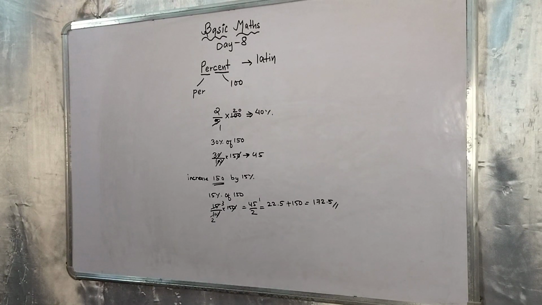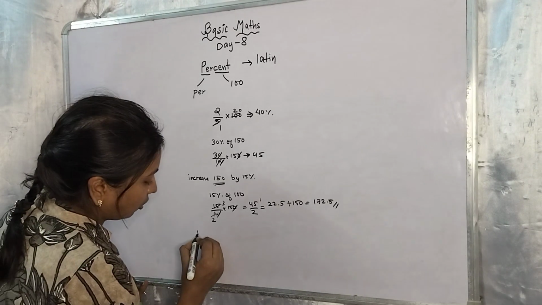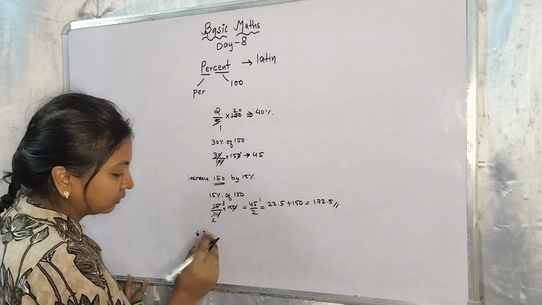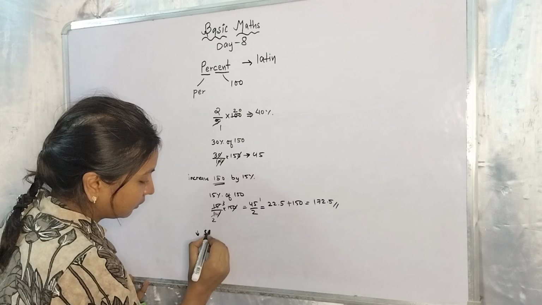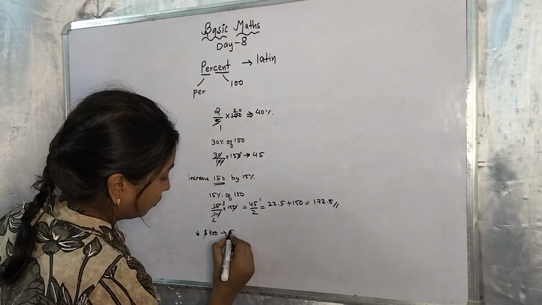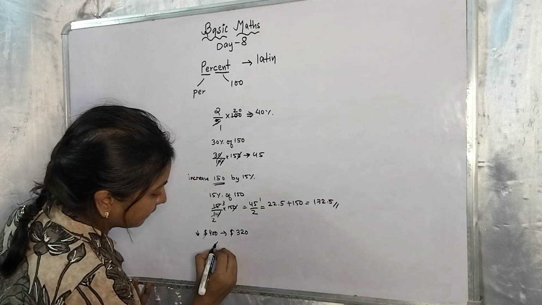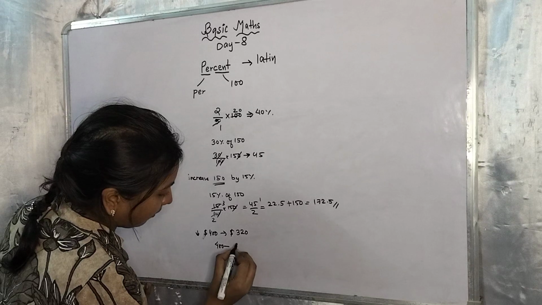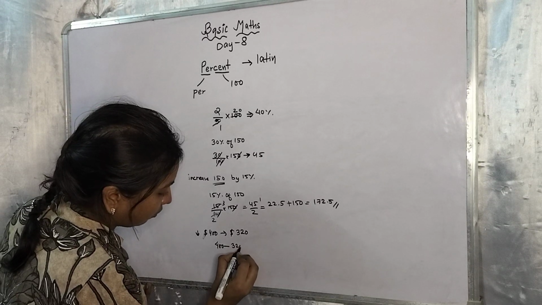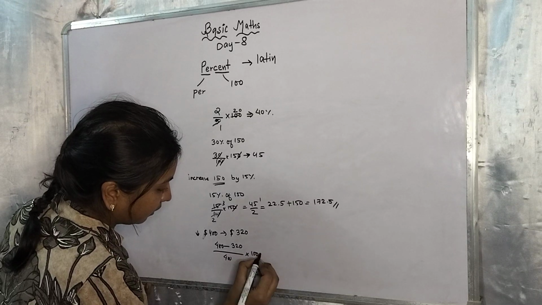Now the last question. The price dropped from $400 to $320. So what we studied is original amount minus new amount divided by original amount into 100%.